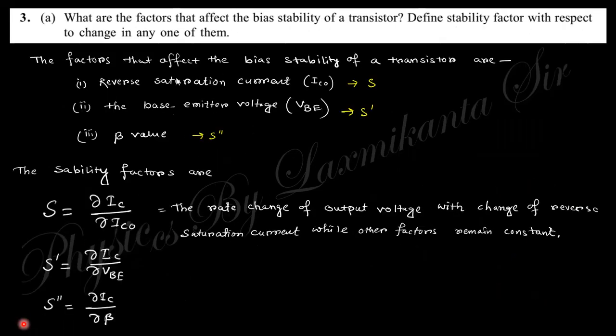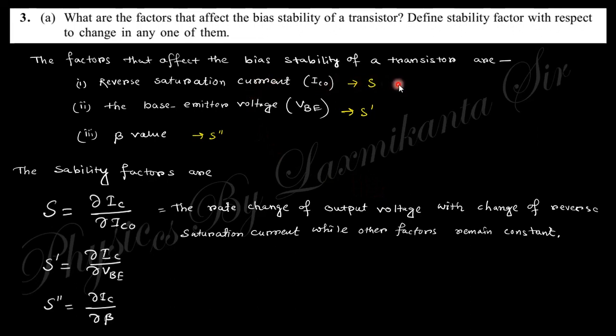Next question, what are the factors that affect the bias stability of a transistor? For bias stability of a transistor, there are three main factors: the reverse saturation current ICO, the base emitter voltage VBE, and the beta value. Beta is nothing but IC by IB, that is collector current with respect to base current.